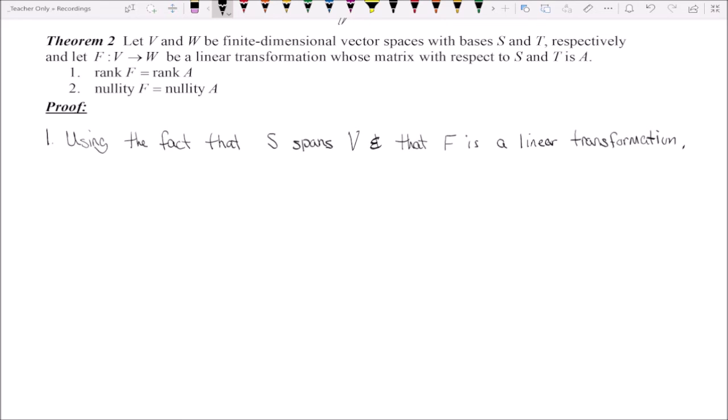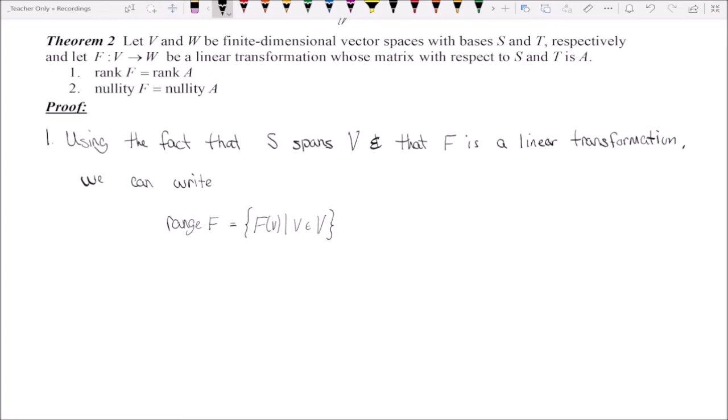This allows us to write the range of F is equal to the set of all vectors F of v such that v is a vector in V.